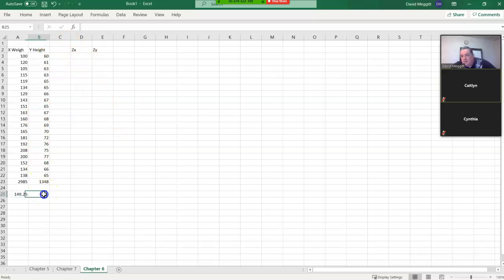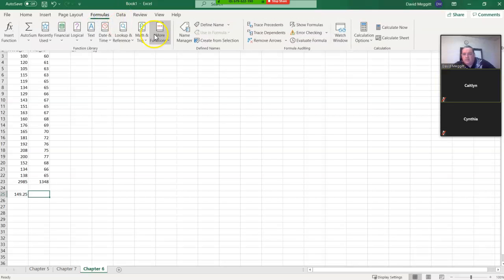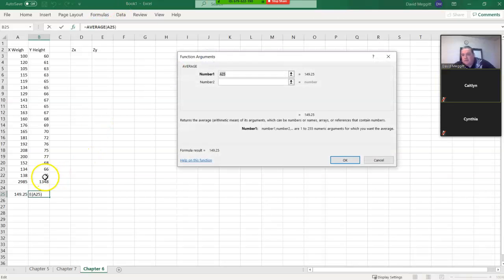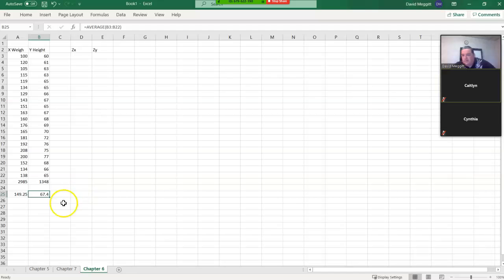And then here, formula, average, 67.4. Looking at our Z scores here for X, the weight. We get to the Z score. Put those over there. First thing we have to do is get our distance from the mean, correct?